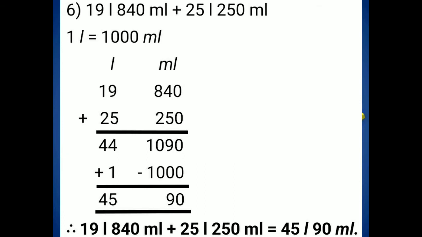So we'll begin by writing this conversion first, and then we add the two given numbers, which give us the sum 44 liter and 1090 milliliter, where again from 1090 we'll subtract the excess 1000 milliliter and add it to 44 liters as 1 liter, 44 plus 1, which will give us the sum 45 liters 90 milliliters.